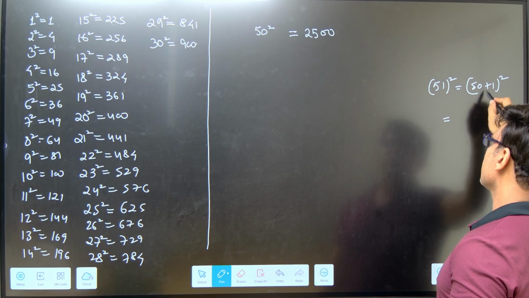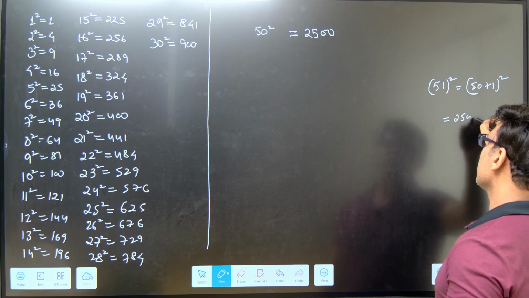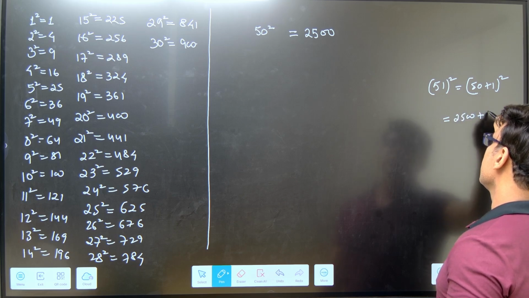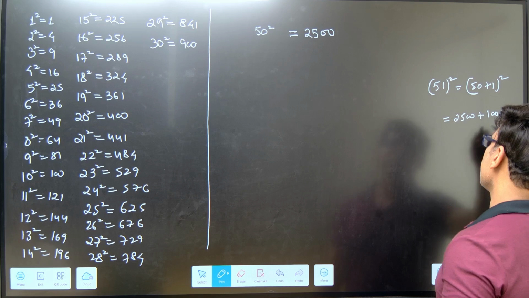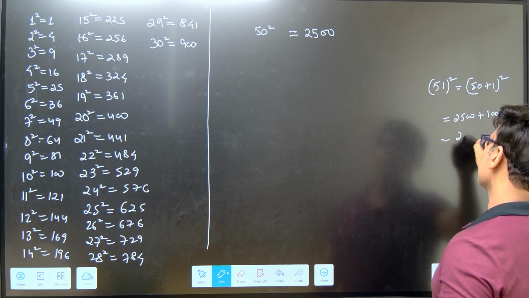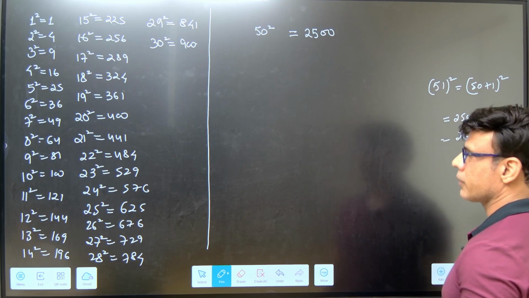Now (a plus b) the whole square is a square plus 2ab plus b square: 2500 plus 2 into 50, which is 100, plus 1 square, which is 1. So it is 2601.